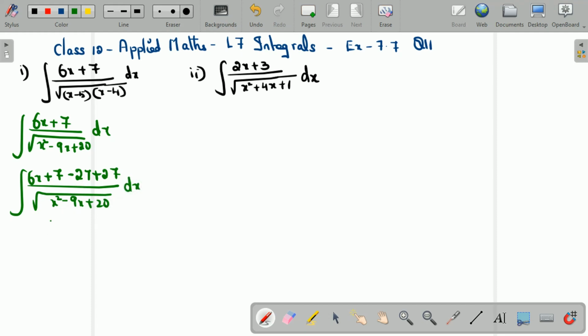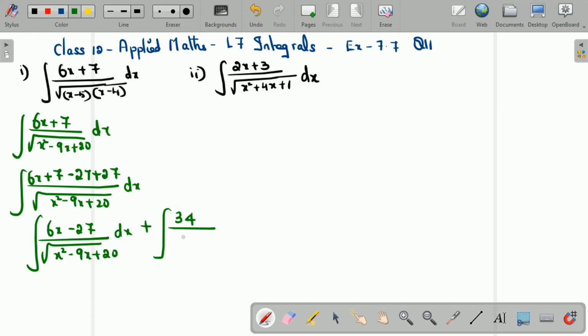So this will become the integral of (6x minus 27) divided by root of x squared minus 9x plus 20 dx, then plus 7 plus 27, I'm writing it as plus 34 divided by root of x squared minus 9x plus 20 dx.